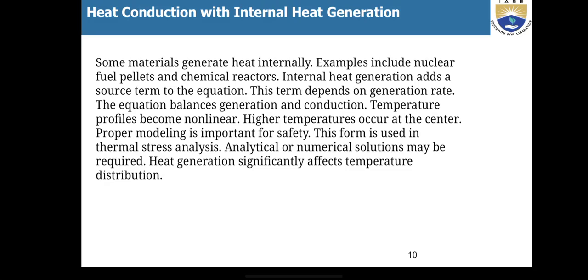Temperature profiles become non-linear. Higher temperature occurs at the center. Proper modeling is important for safety. This form is used in thermal stress analysis. Analytical or numerical solutions may be used. Heat generation significantly affects temperature distribution.